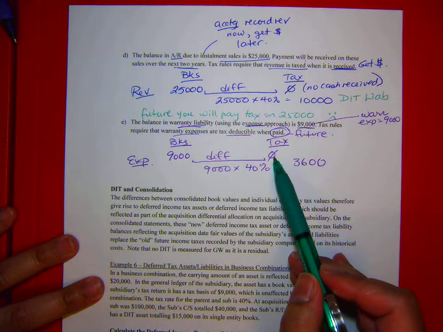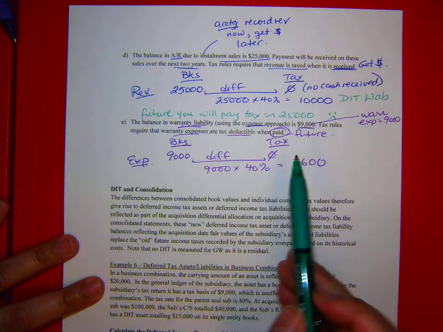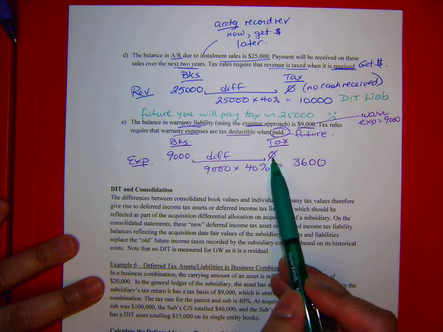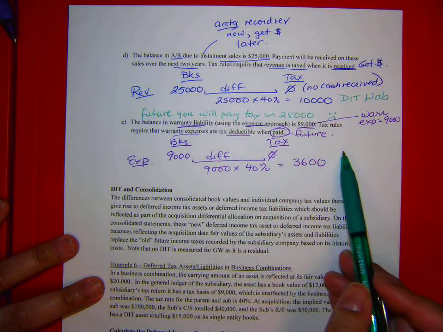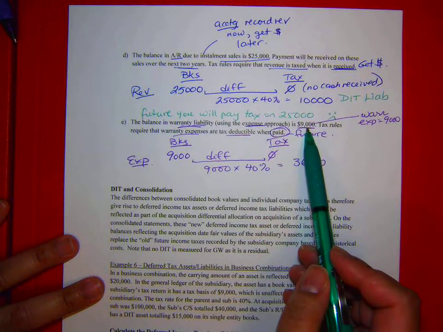Well, in the future, and remember we're comparing to accounting all the time. So future you, did you get to deduct any tax expenses here for tax purposes? No. Today. But in the future, can future you do that? Yeah, when you start paying these warranty costs, you can deduct them.